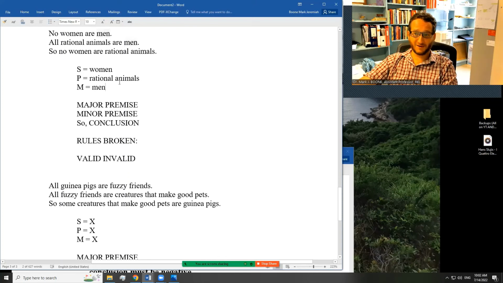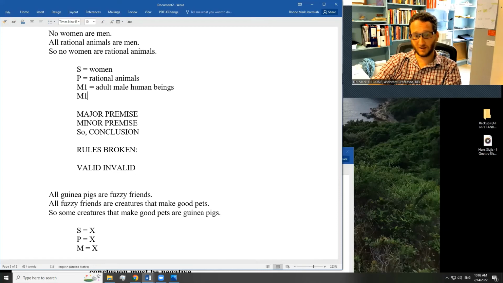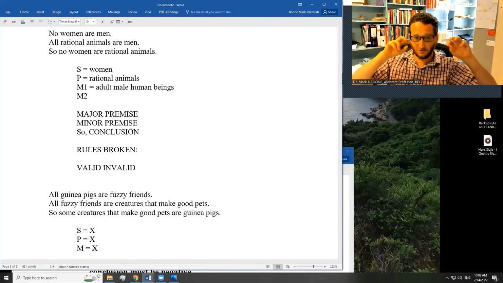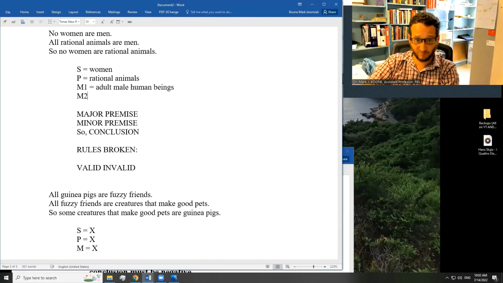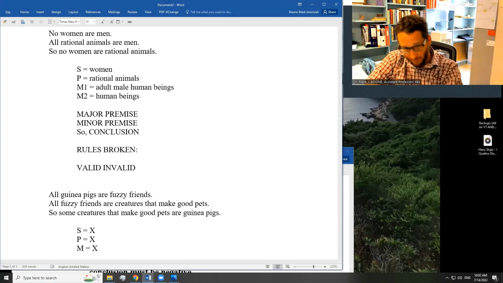You can give a different symbolization scheme, like M1 for adult male human beings, the way the word men is used in the first premise, and M2 for simply human beings, the way the term is used in the minor premise.